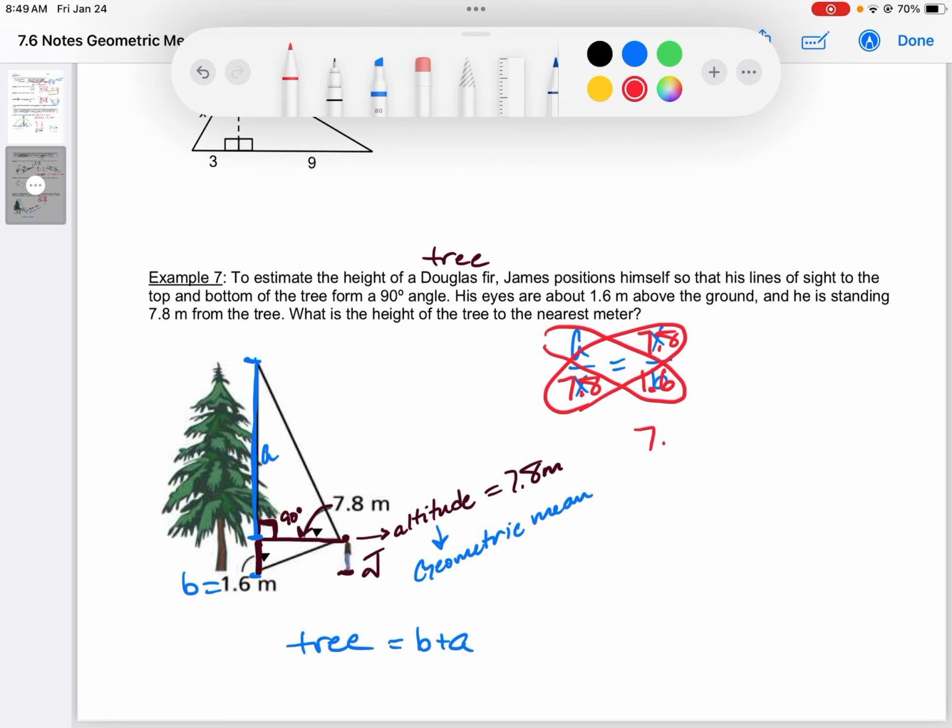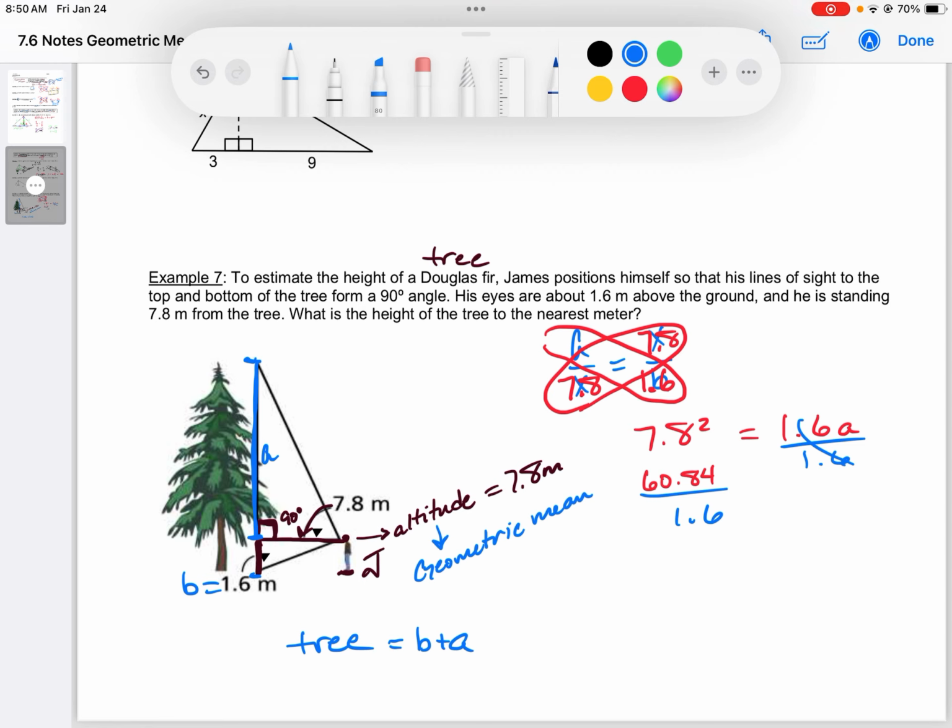and so we have 7.8 squared equals 1.6 times A. And when we type 7.8 squared into our calculator, we get 60.84. And then we're going to divide both sides by 1.6.